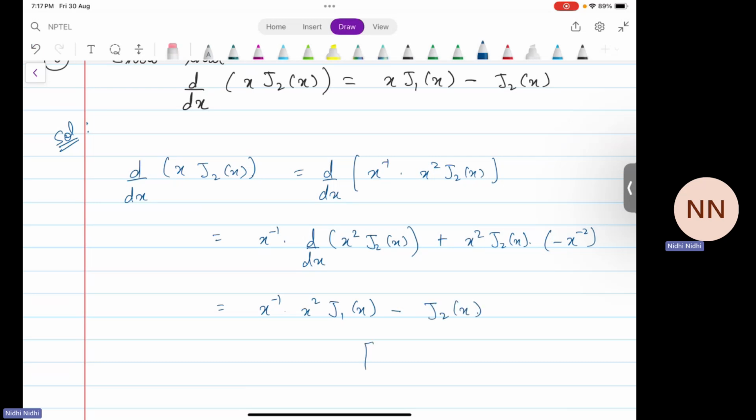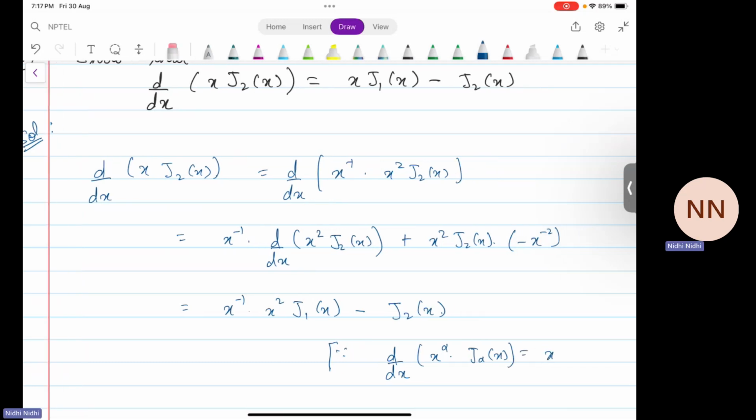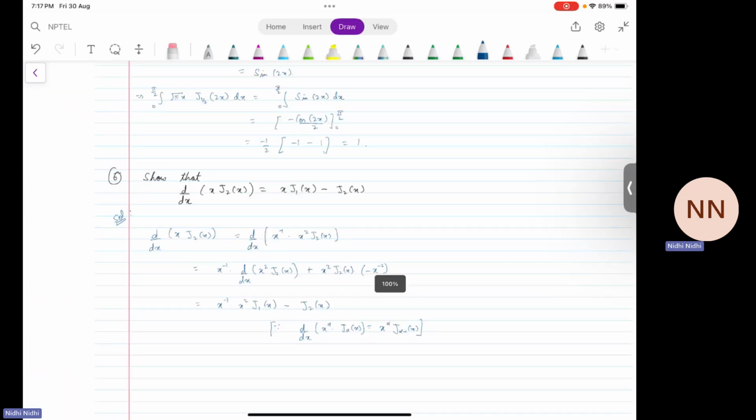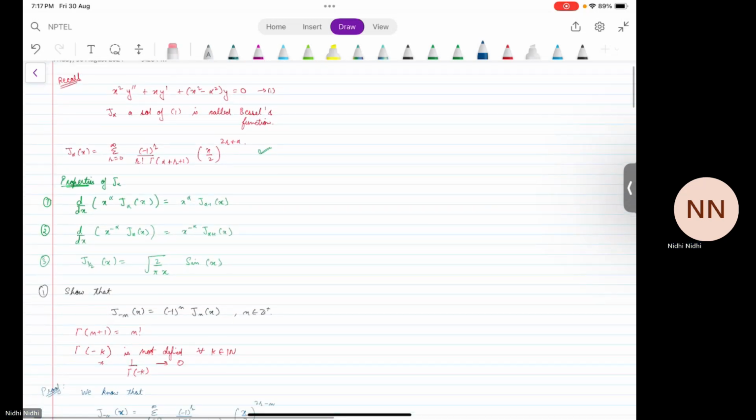J2 of x. Why? Because we have d by dx of x to the power alpha J alpha of x is equal to x to the power alpha J alpha minus 1 of x. Let's recall this by the first property.